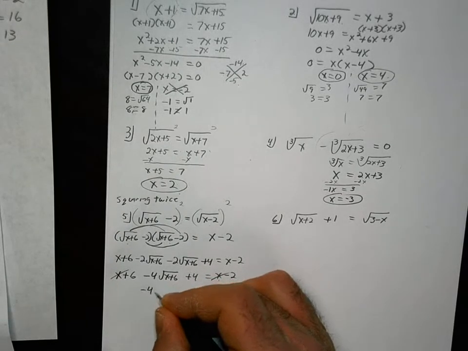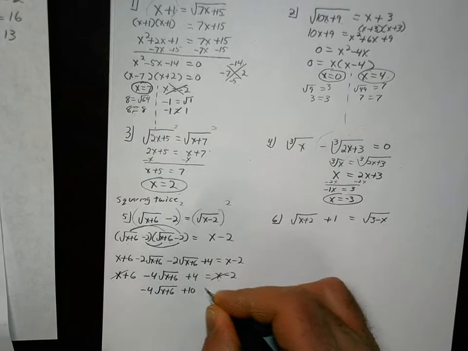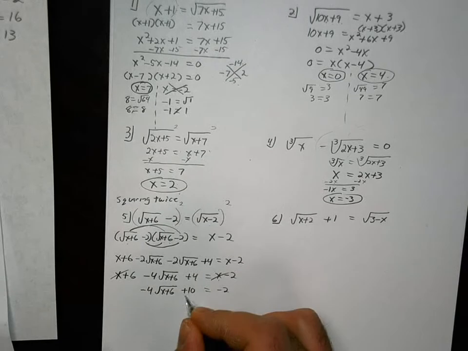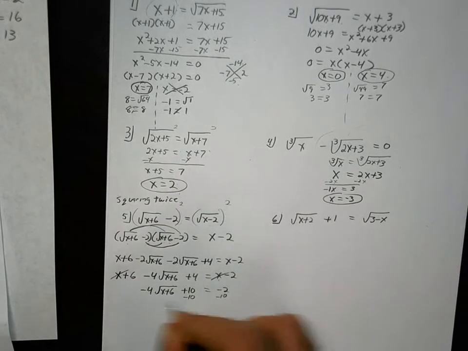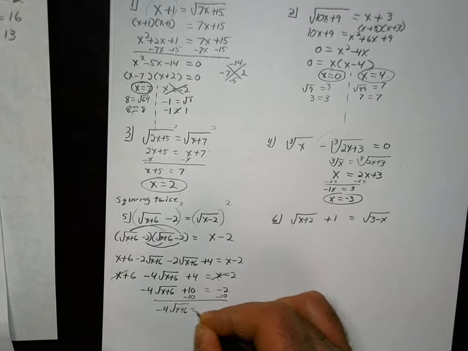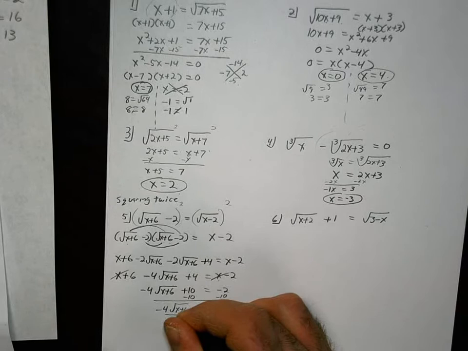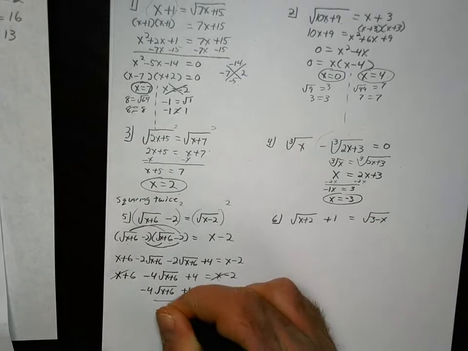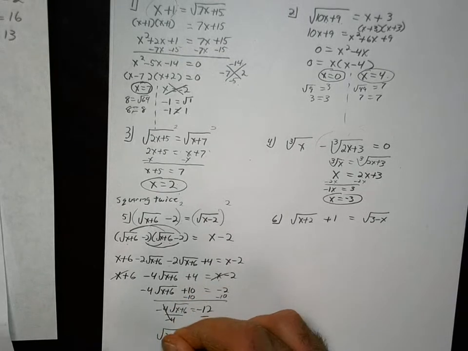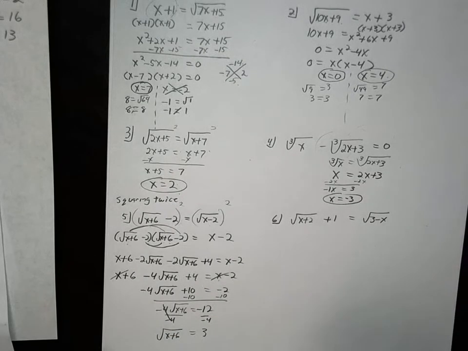So I get negative 4 square root of x plus 6 plus 10 equals negative 2. So subtract 10. So that gives me negative 12. Divide by negative 4. I get the square root of x plus 6 equals 3.